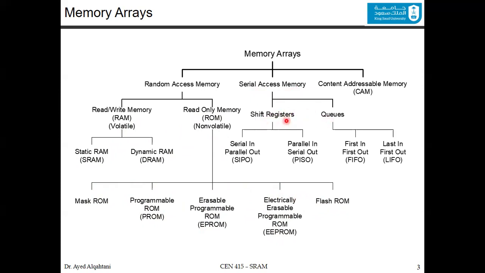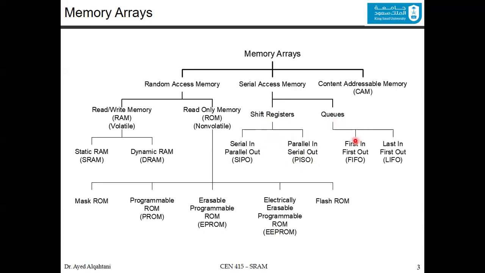For the shift registers, there are actually 4 types. We will focus on 2 of them, the serial in parallel out and the parallel in serial out, or we can call this one the SIPO and this one the PISO. The other 2 types are the serial in serial out and the parallel in parallel out.